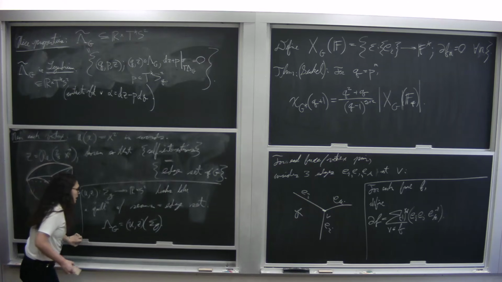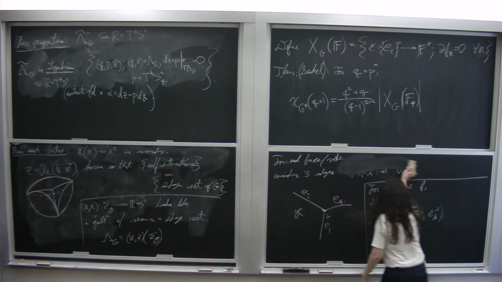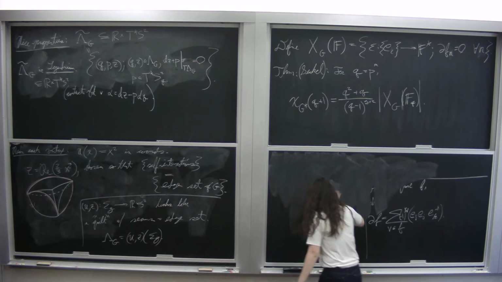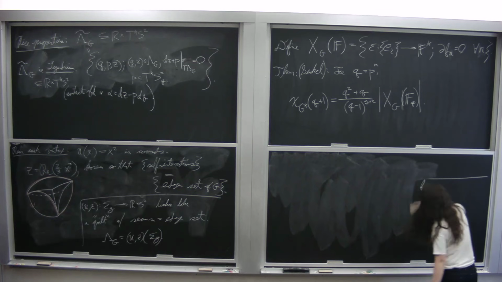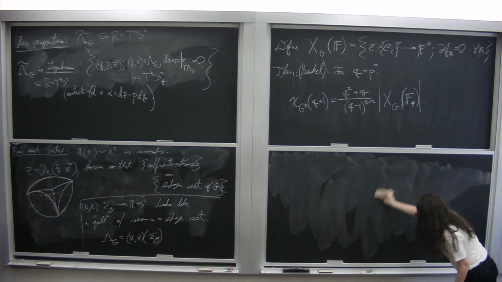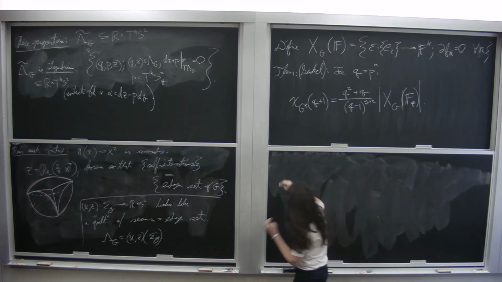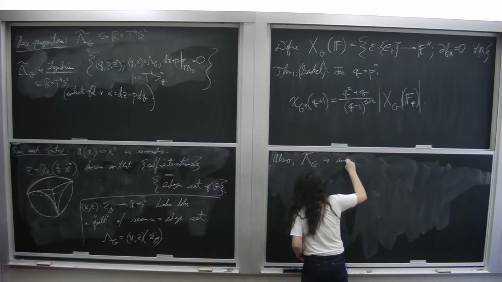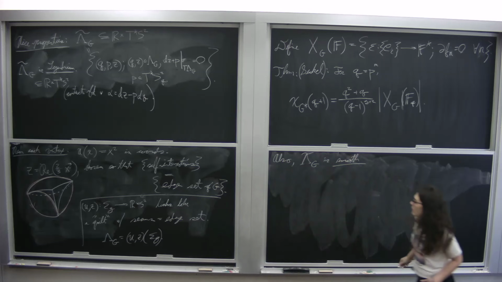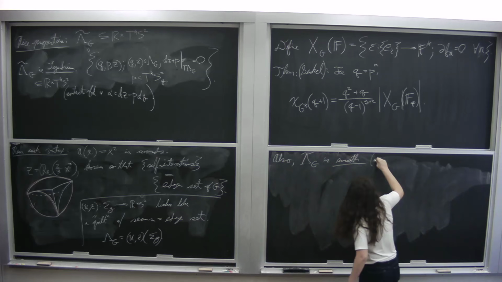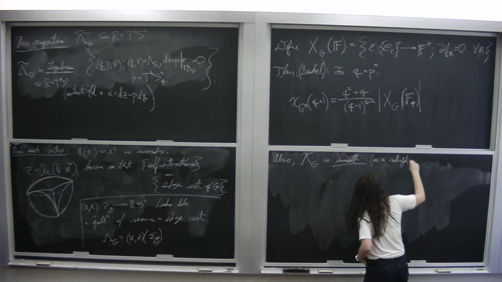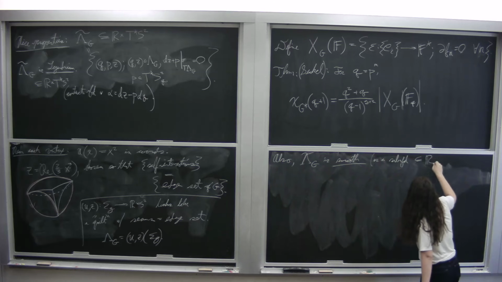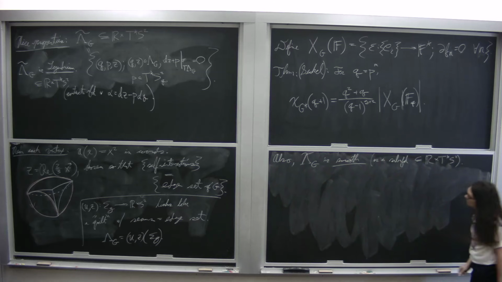However, now using my trivalent assumption, we get something more, which is that also lambda G tilde is smooth, just as a submanifold inside of R cross T star S2.